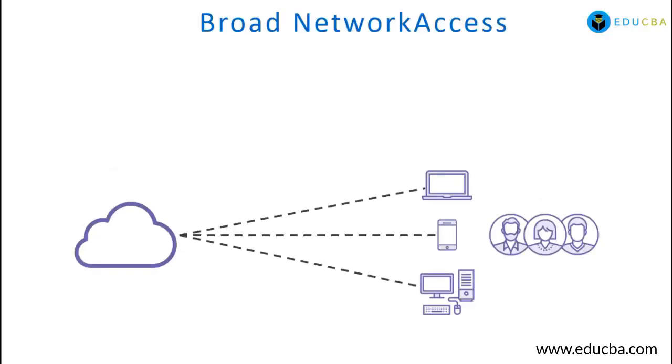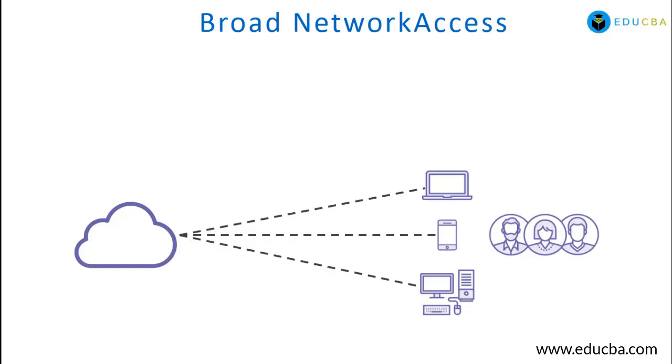Then you have what is called broad network access. Broad network access means that the services are available throughout the network. If a company has deployed the infrastructure as a private cloud, and we'll talk about what a private cloud is later, and an organization is using it, then all the services have to be through the network, and all the employees inside the organization should be able to access these cloud resources through the network.